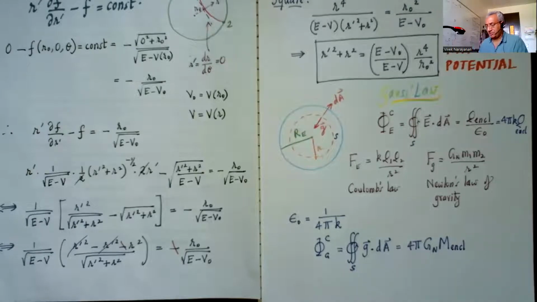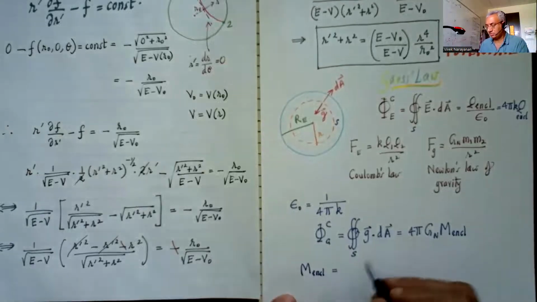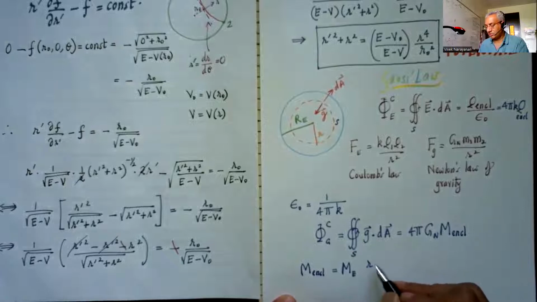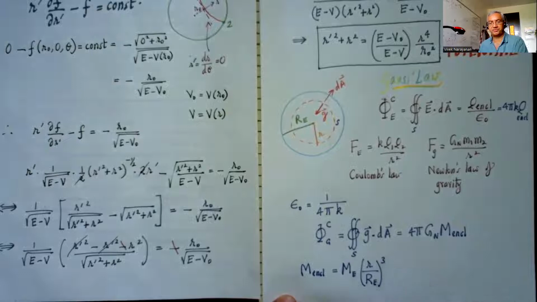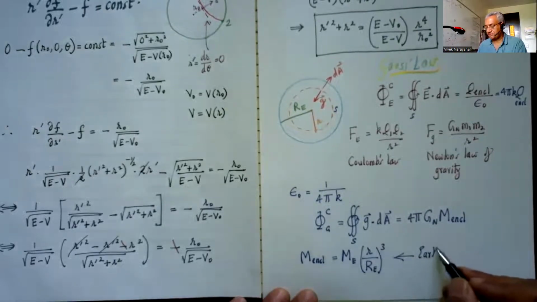By proportionality reasoning, the enclosed mass M enclosed must be equal to the total mass of the Earth times r over R_E cubed, because volume is proportional to radius cubed.